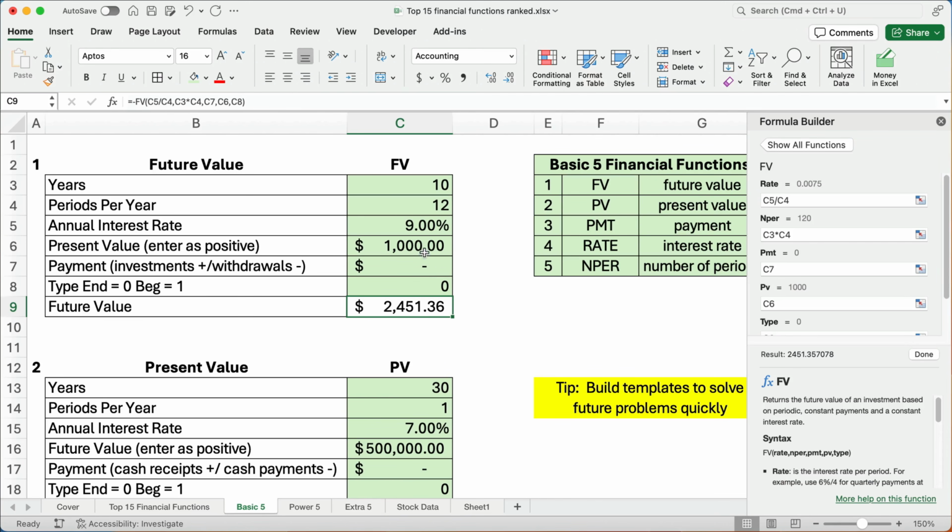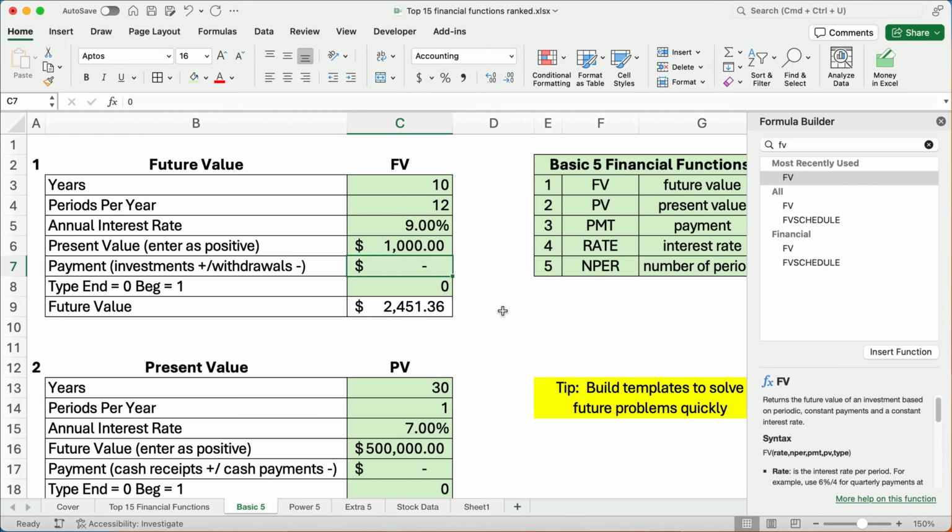All right, so let's look at this. So we invested $1,000, we got 9% return over 10 years. Then our account would grow from $1,000 to $2,451. Now, you say, well, I'd like that, but I'd like to put a little bit more money in. So I'm going to put in $100 a month.